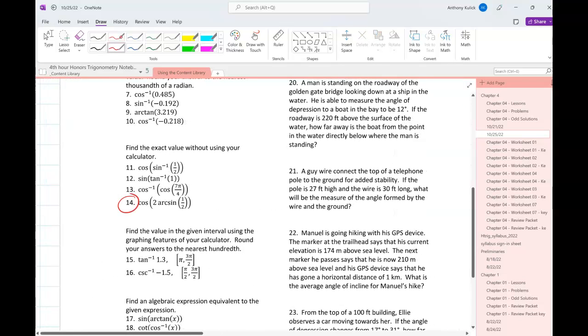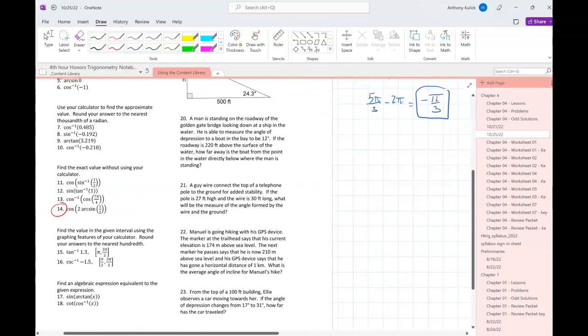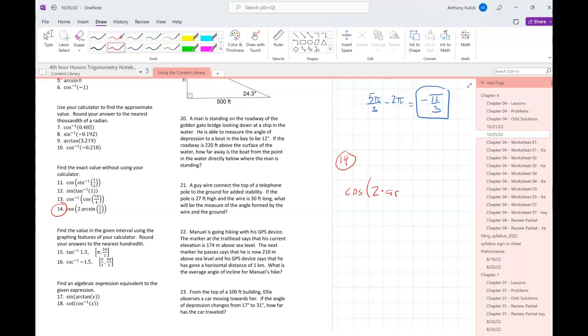Okay, this is cosine of 2 arcsine of 1/2. So the 2 there is really 2 times. So I'm going to start here with arcsine of 1/2.